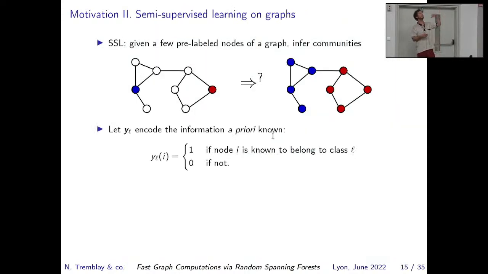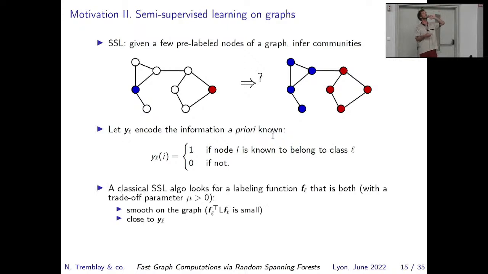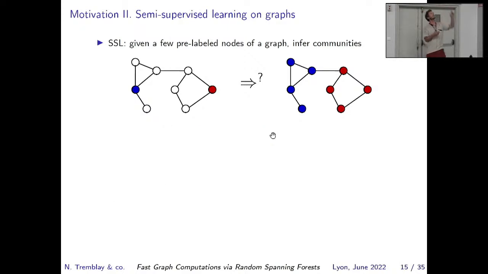A second motivation is very similar. I'm not going to go into details here. It's called semi-supervised learning on graphs. So the problem you have is that you have a graph, and you know that this node is in community blue, and this node is in community red, and you try to infer which nodes are in which community. You're trying to actually solve this problem, go from here to here.